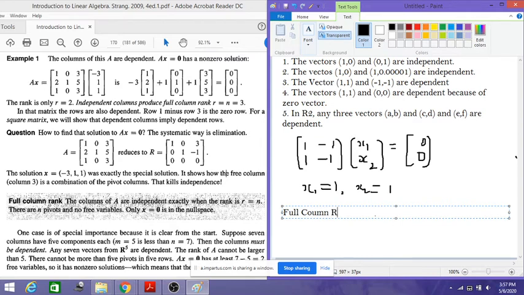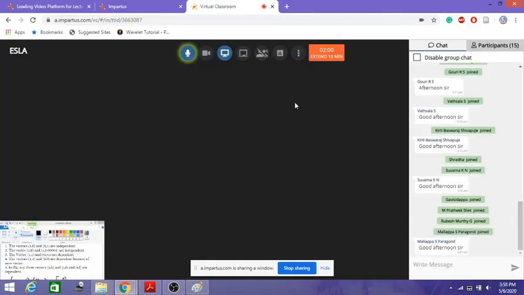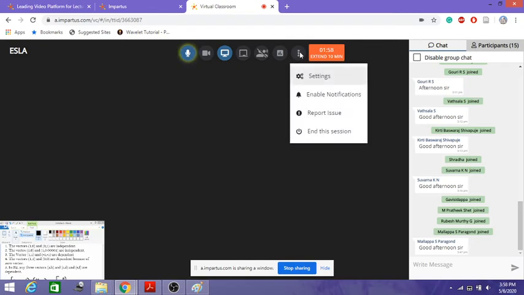Full column rank means the columns of A are independent exactly when the rank r is equal to n.